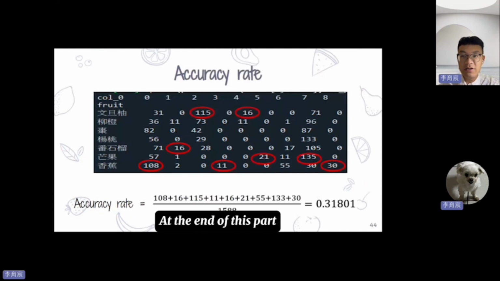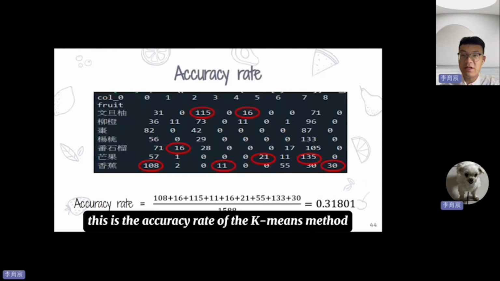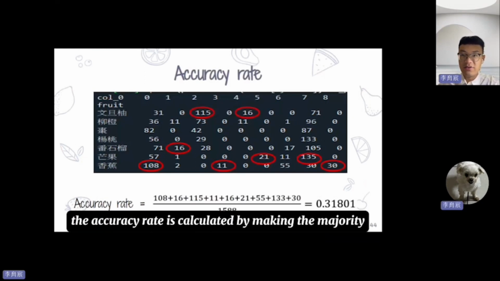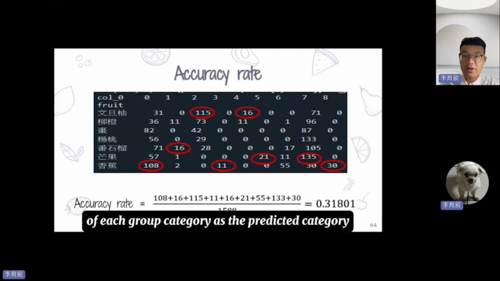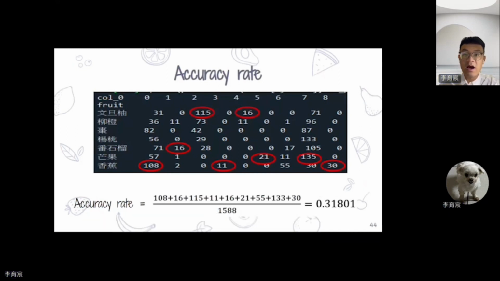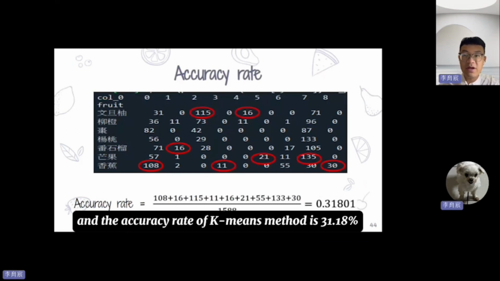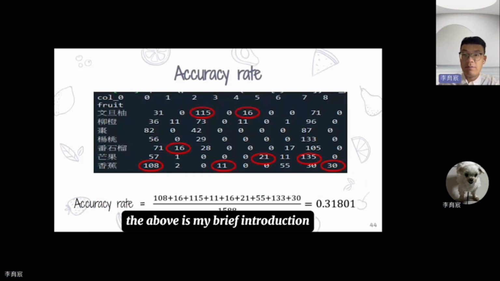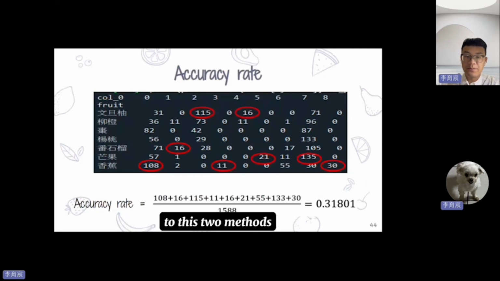At the end of this part, this is the accuracy rate of the k-means method. The accuracy rate is calculated by taking the majority of each group category as the predicted category. And the accuracy rate of the k-means method is 31.18%. The above is my brief introduction to these two methods.